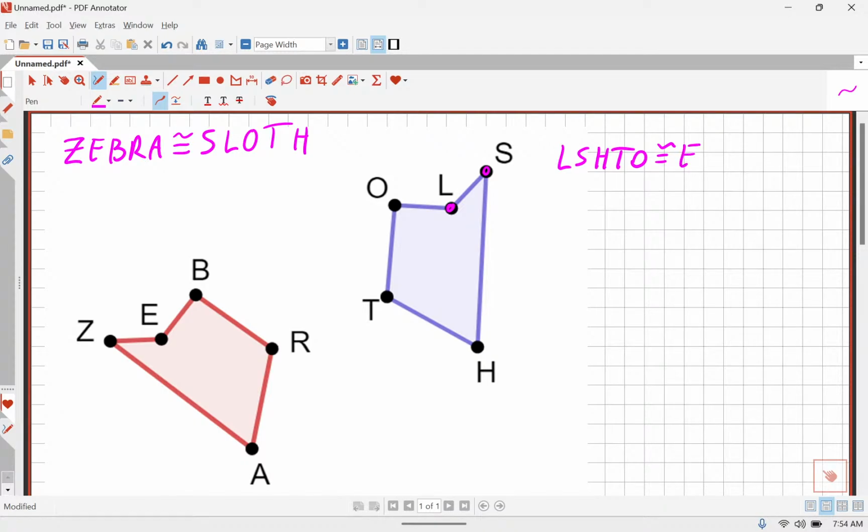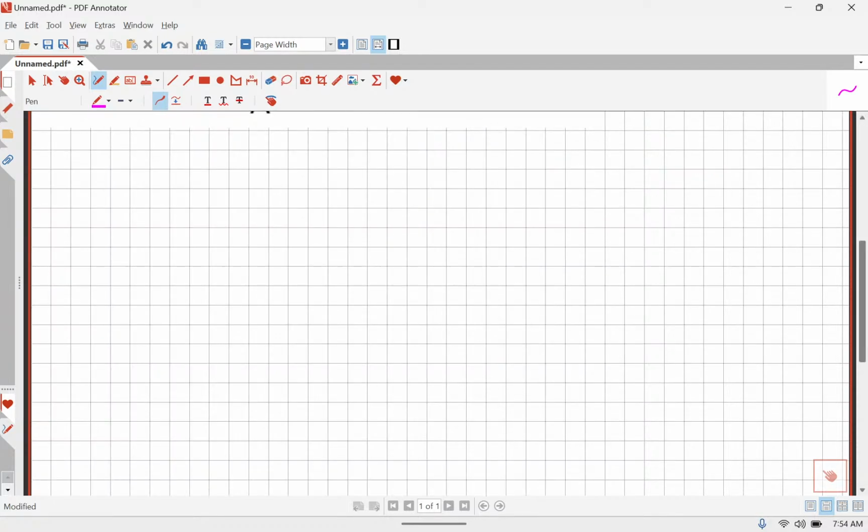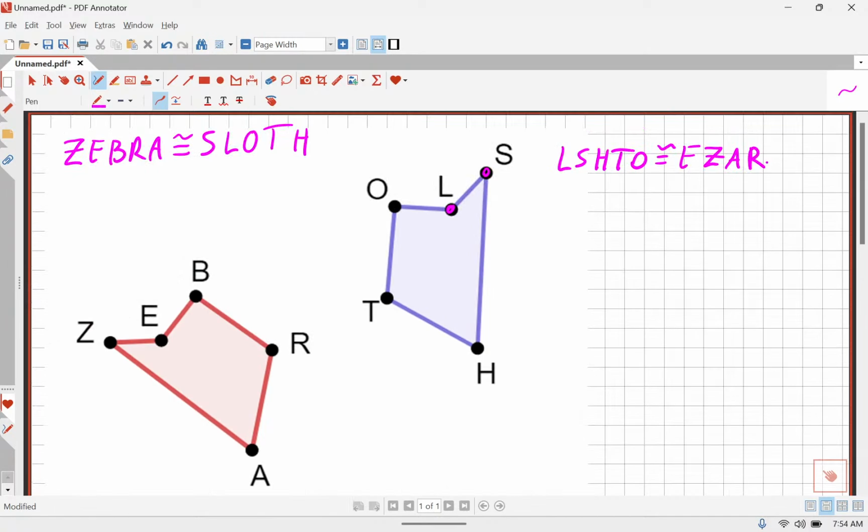E, and then after that? Z, and then keep going. Oh, yep. And finally, yeah. Elshto is congruent to Ezarb. Very good. So that's the idea.